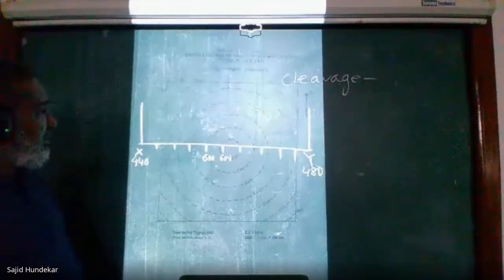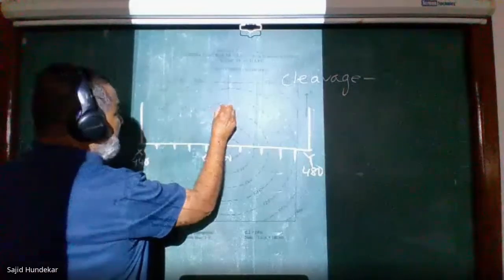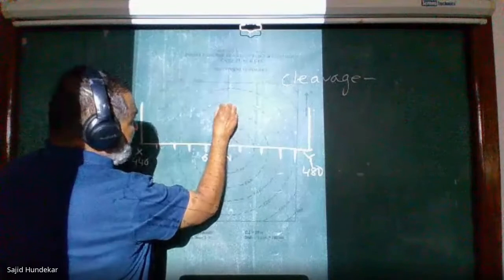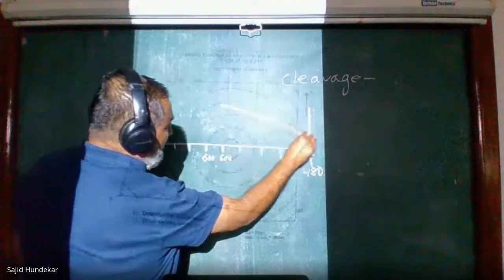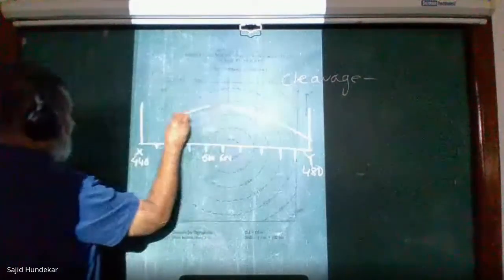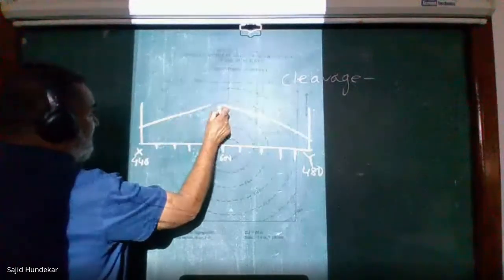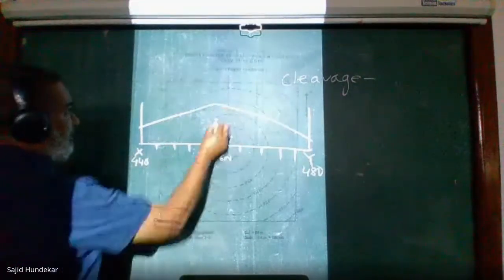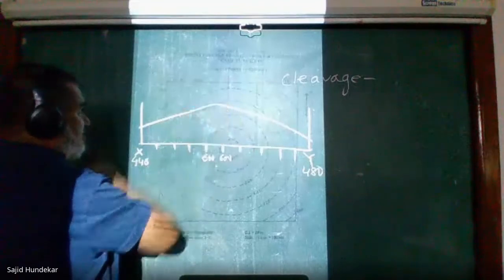Once you are done, with the free hand, the highest point is here, 600 and 600. So with the free hand, go on joining all the points. And now this is the elevated 600, 600. So you have to make the rounded one.